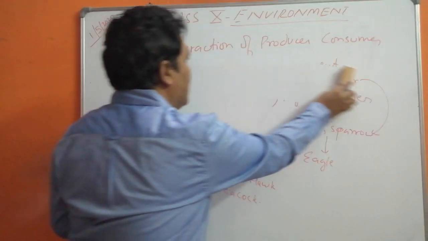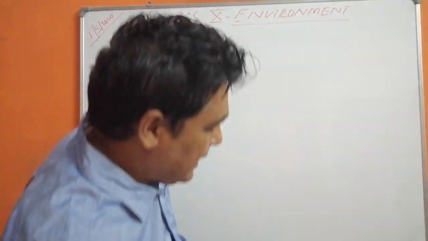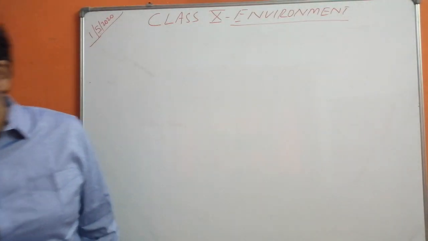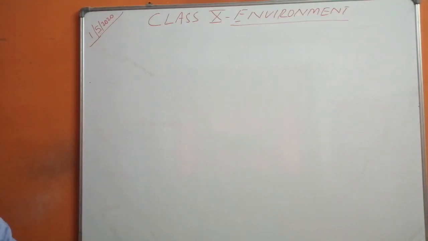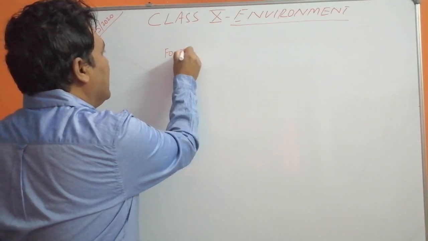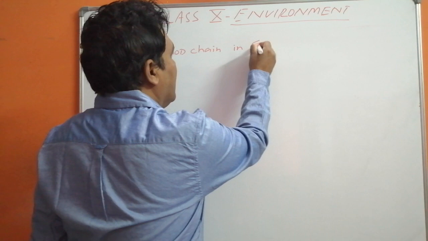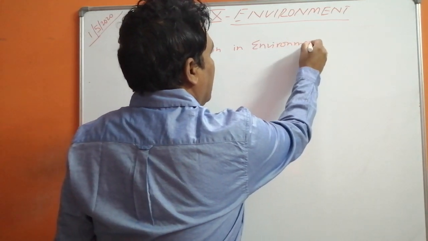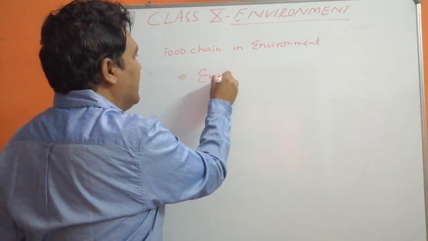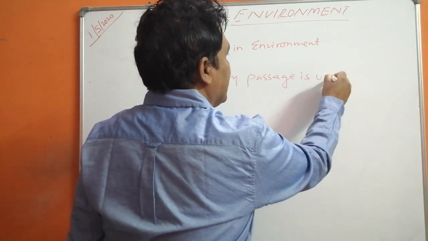And it has been studied by a number of scientists and ecologists, and the scientists have concluded that in a food chain, energy passage is unidirectional.